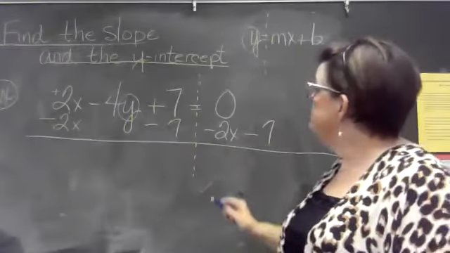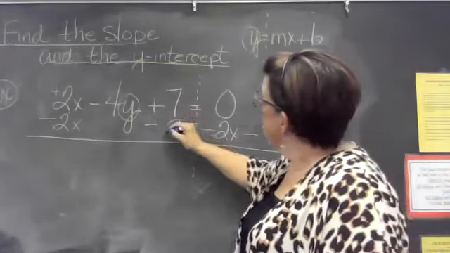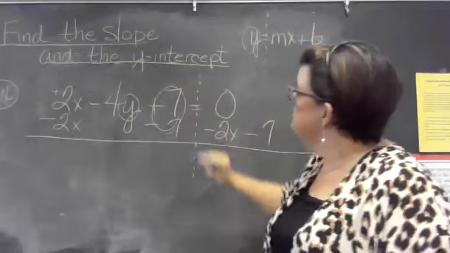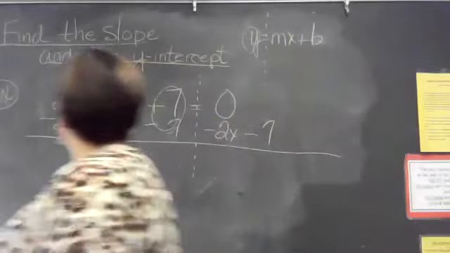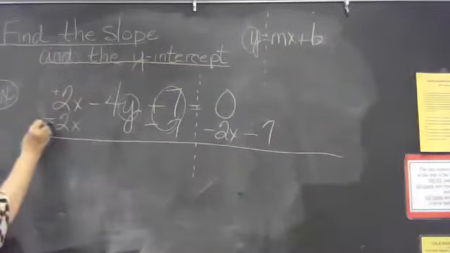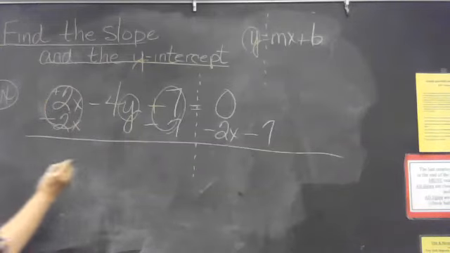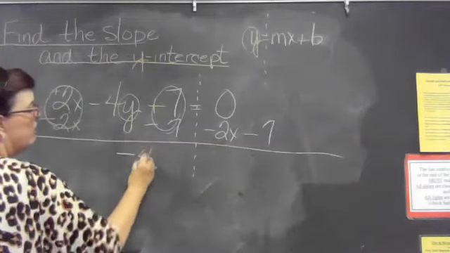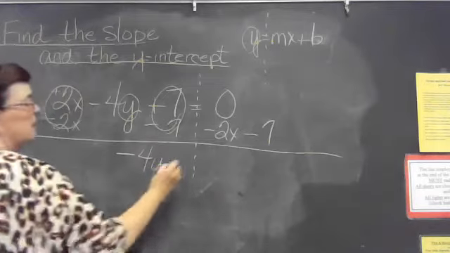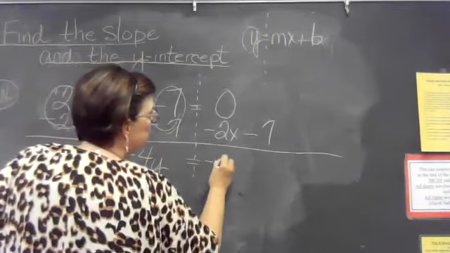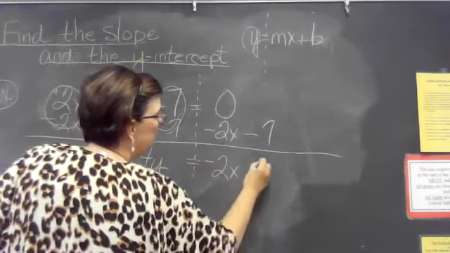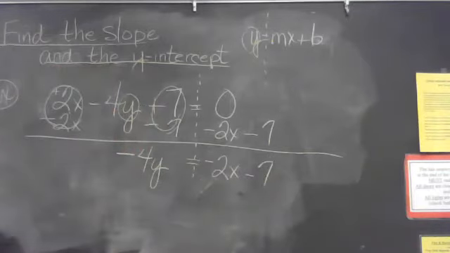All right, and we see that a negative and a positive are additive inverses, and they cancel each other out. And the positive and negative 2x's are completely gone. So now all I have is negative 4y equals negative 2x minus 7. So far, so good? Okay.